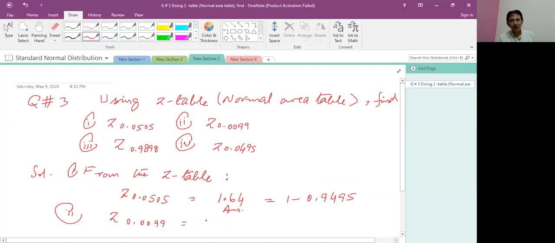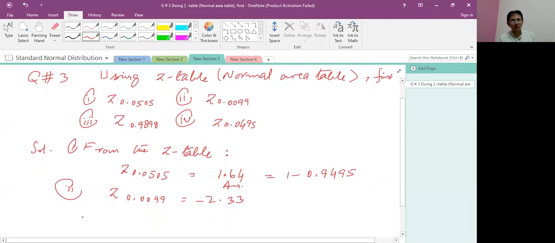So it is minus 2.33. With the help of the z table, we will find the answer. The value of z when the area covered at this position, z is equal to 0.9898 for the third part.